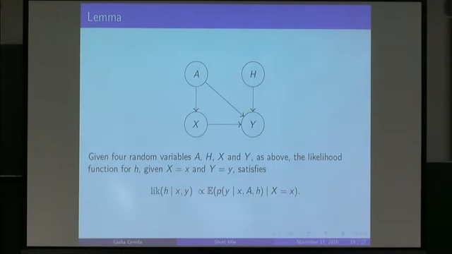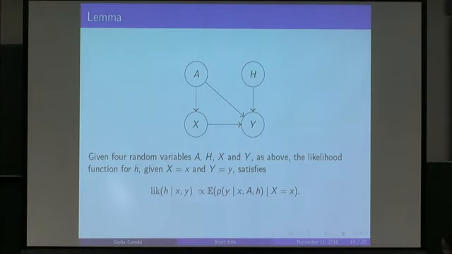Given 4 general random variables whose conditional distribution is described by this Bayesian network, it always holds that the likelihood for h given x and y, so you see here you have the part of the data whose distribution is agreed on by prosecution and defense, and here you have the part of the data whose distribution depends on which hypothesis you believe is correct, is always proportional to the posterior expectation of this posterior density given the data, but only the data that is agreed on by both of them.